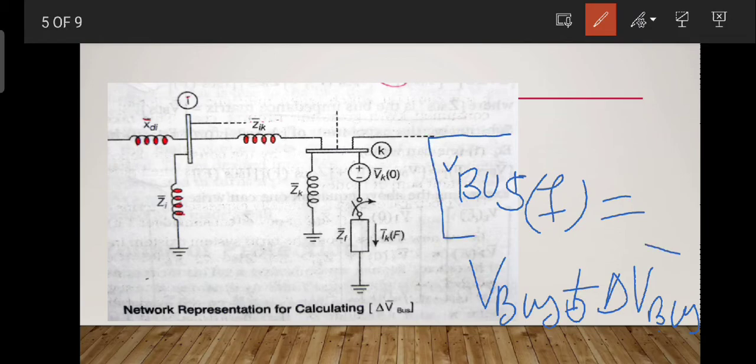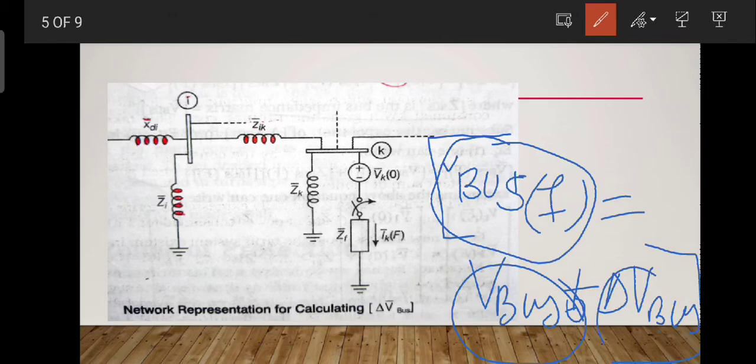Please write it on your paper. That is, V_bus fault is equal to the pre-fault voltage plus the change in voltage when the fault occurs. Okay, take it as equation 1.